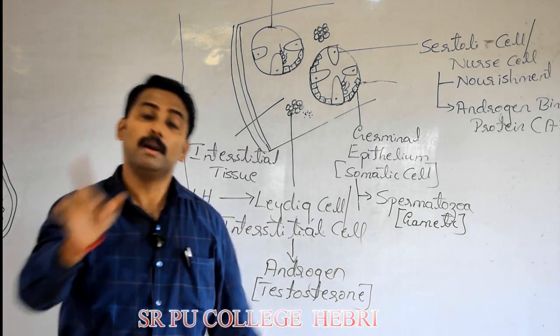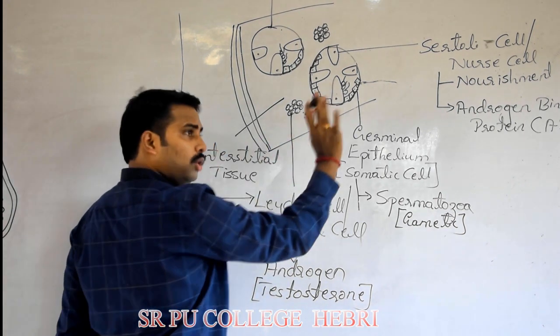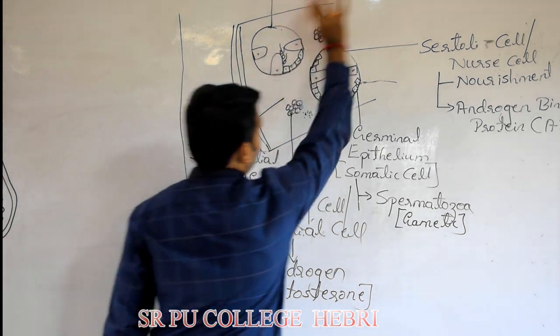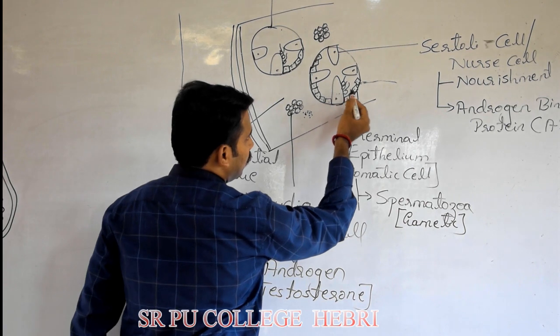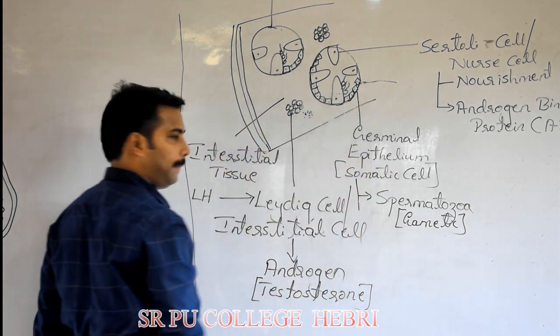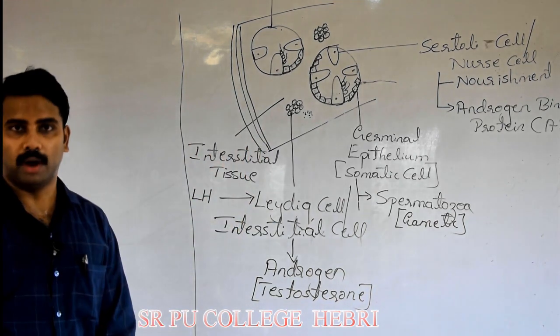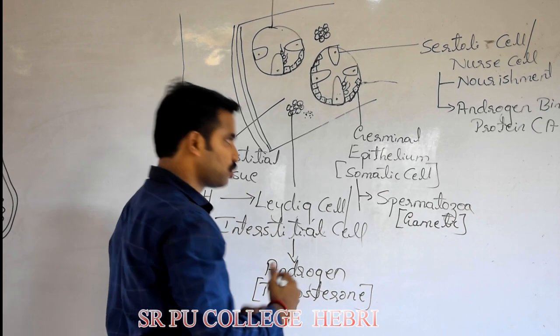Is that clear? But we know that some amount of testosterone, not all, some amount of testosterone is very essential inside the testis to stimulate Sertoli cell and germinal epithelium to grow into what? Spermatozoa. But it is not ready to stay here. So what happens?